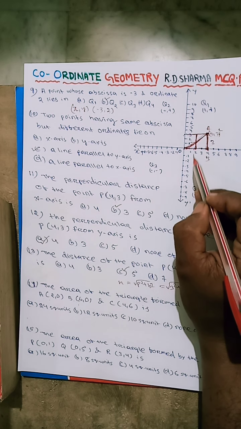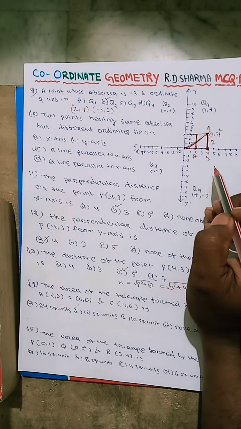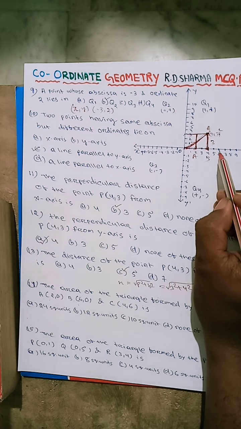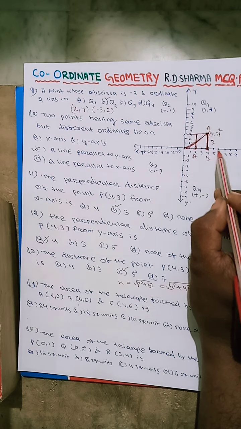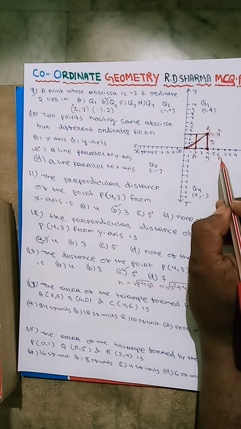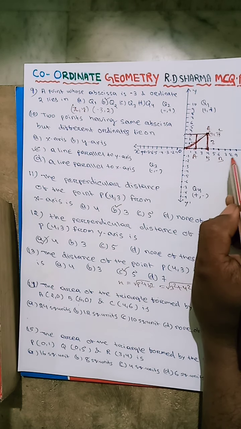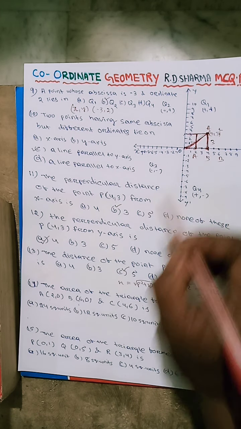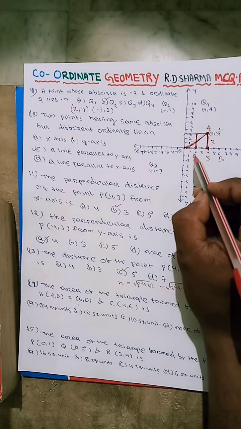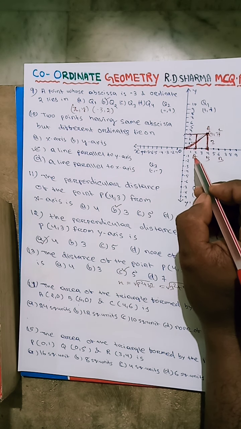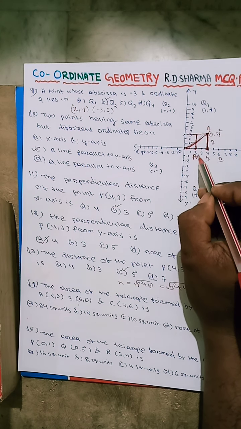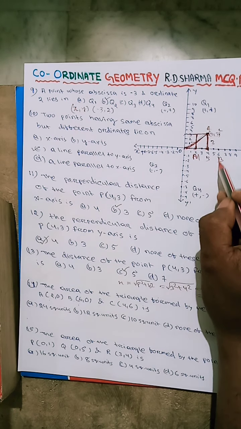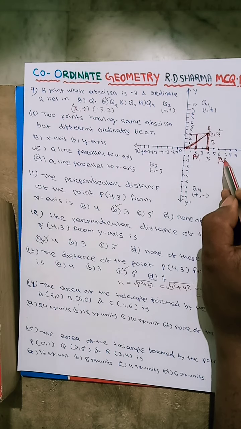This point is A. And B (6, 0), this point is B. Yes or no? Let us take another number. Suppose a point is M. This point is M. This point is N.